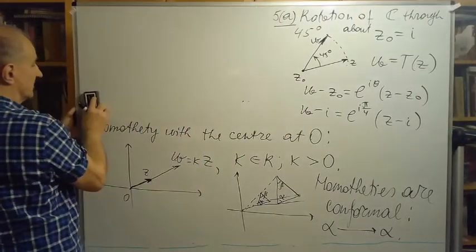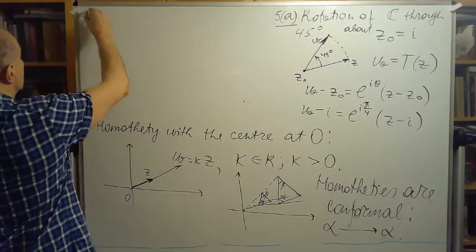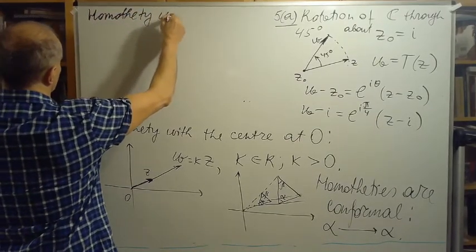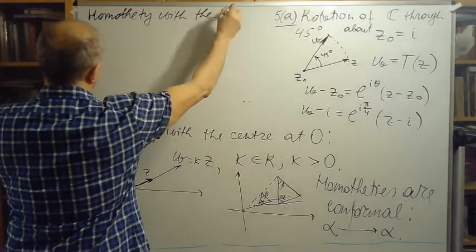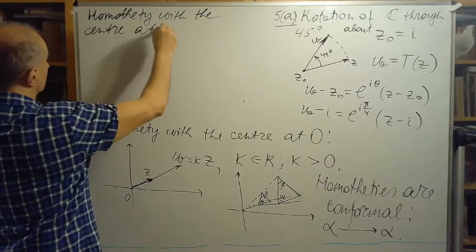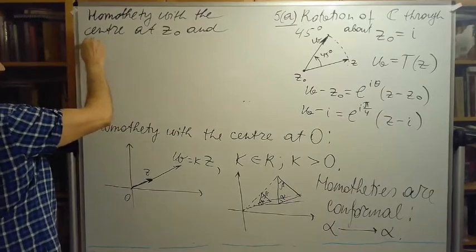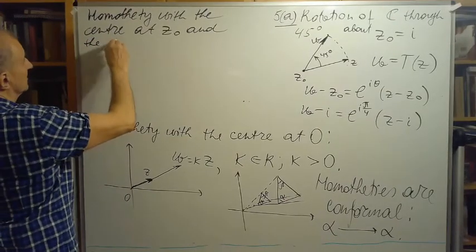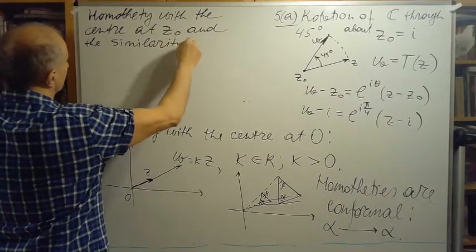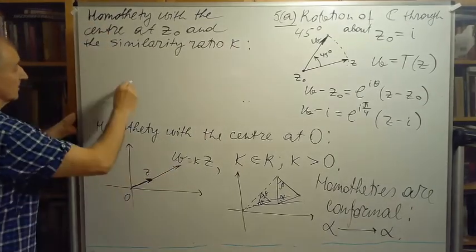Just the same story as with rotations. A homothety with the center at Z0 and the similarity ratio, usually we just say the ratio, K. How will we perform it?